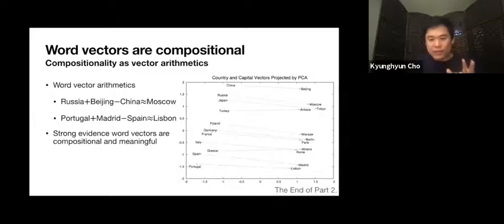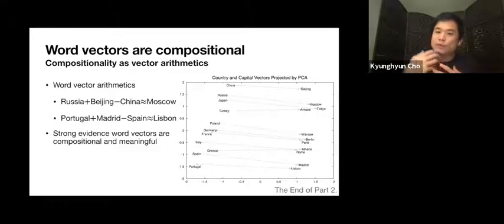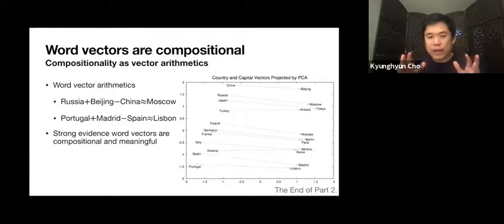One of the amazing things that sparked this whole interest in using deep learning, or more broadly artificial intelligence, for natural language processing was the observation that the word vectors induced by the word2vec technique we have just talked about were compositional. This compositionality can be observed simply by performing vector arithmetic in this space of word vectors.